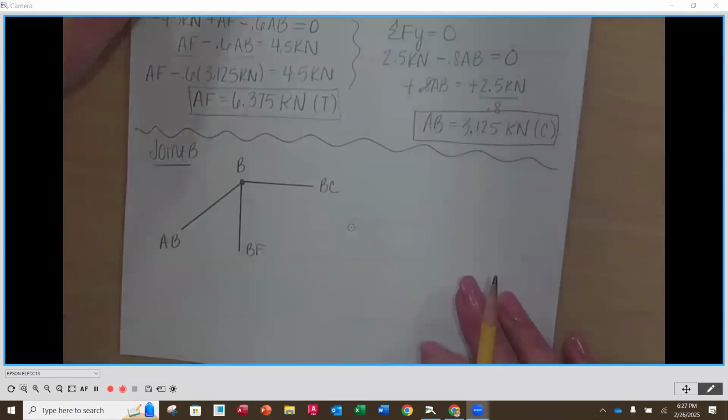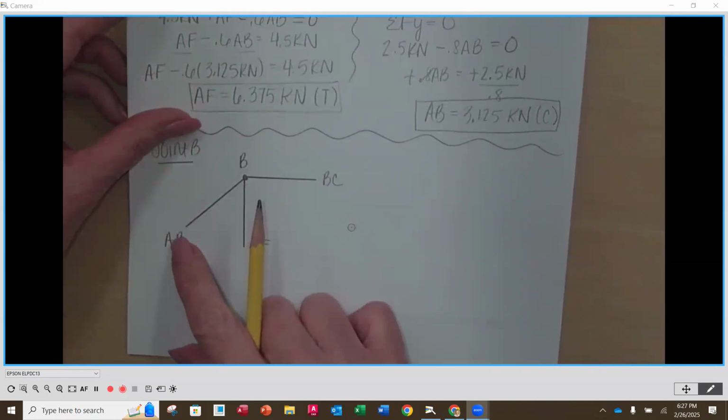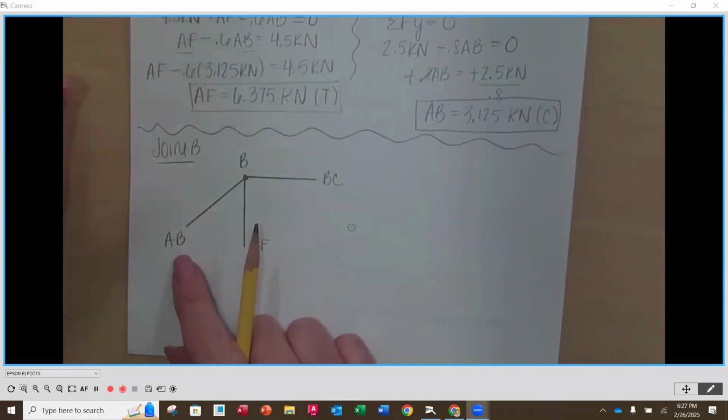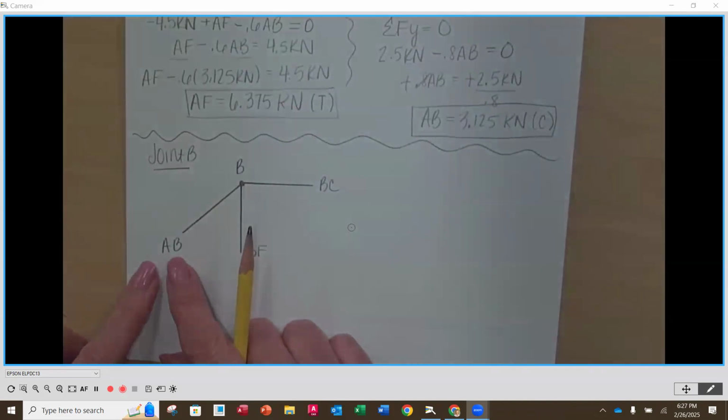So as we look at joint B, there are 3 members attached to it. The member going down to A, which we already called AB. So we want to continue to call that force the same thing. Don't call this BA, because up here we solved for it as AB. We're going to continue to call it AB, whatever you call it first.